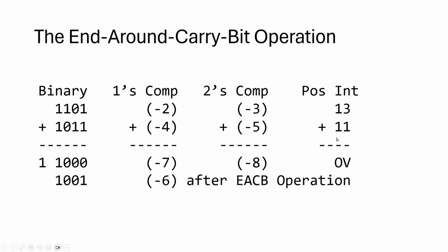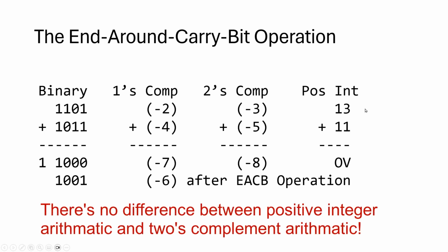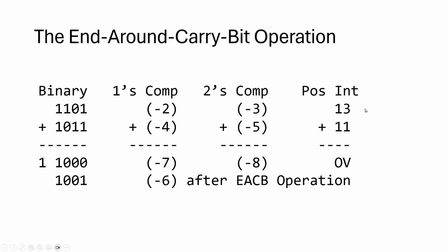In 4-bit logic, it would be an overflow condition, but otherwise, it's just regular binary arithmetic. So there's no difference between the two's complement arithmetic and the positive integer arithmetic. They're both the same, and that's what makes the two's complement arithmetic preferred over the other.